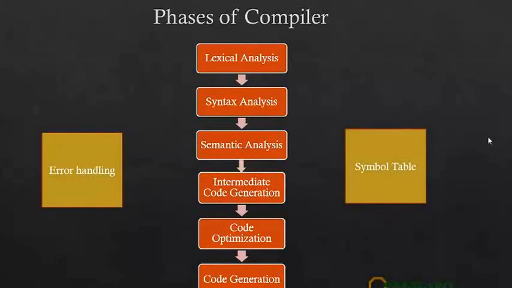If any error occurs in any phase of the compiler, then the error handler will deal with those errors. The task of the symbol table is to store identifiers. Actually, a symbol table is a data structure that can be implemented by a list or hash table. About that we will study in later phases of this course.